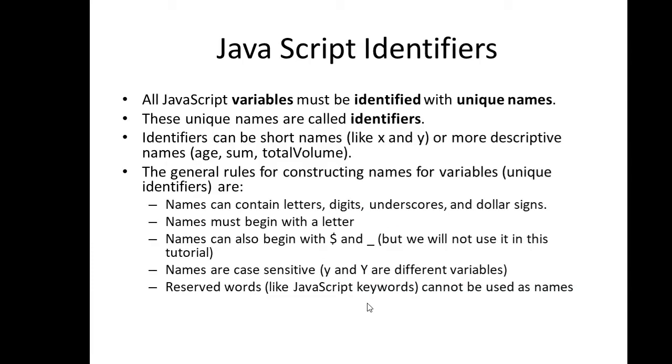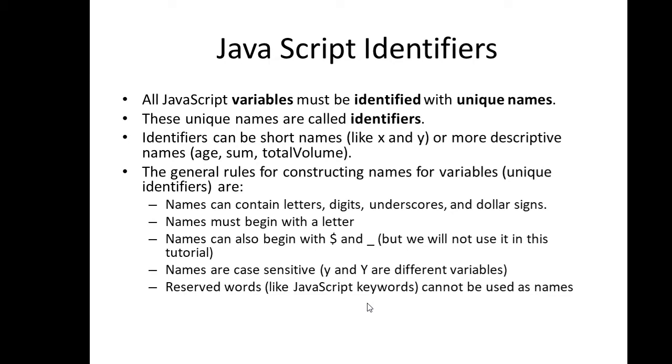JavaScript identifiers. All JavaScript variables must be identified with unique names. These unique names are called identifiers. Identifiers can be short names like x and y, or more descriptive names like age, sum, totalVolume. The general rules for constructing names for variables or unique identifiers are: number 1, names can contain letters, digits, underscores, and dollar signs.